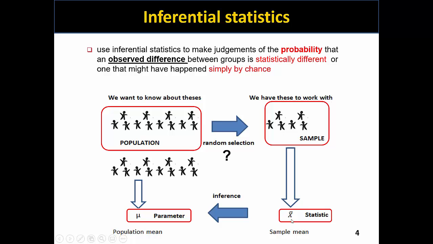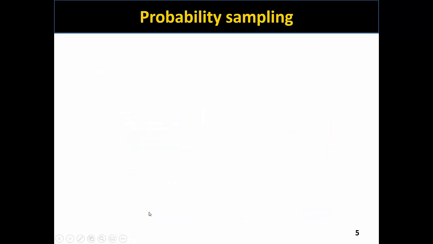So once again, X bar is the symbol used for the sample average, the small subset of the population, and we're going to use that and infer that it is a probabilistic reflection of the population parameter mu, which is the population average.